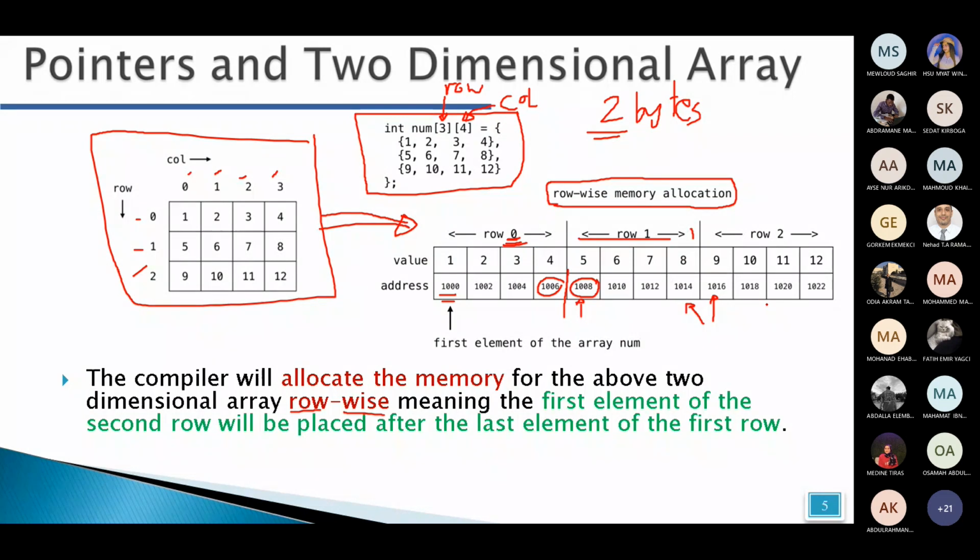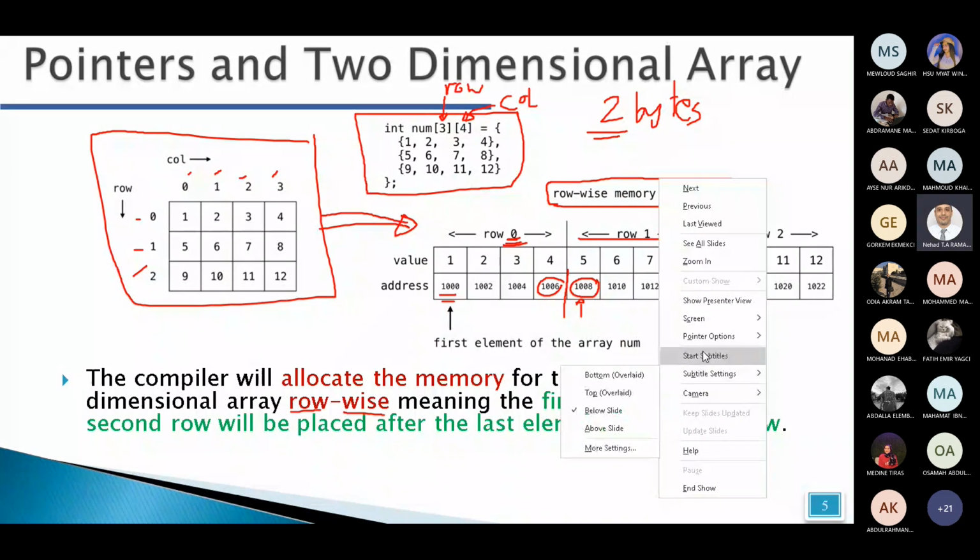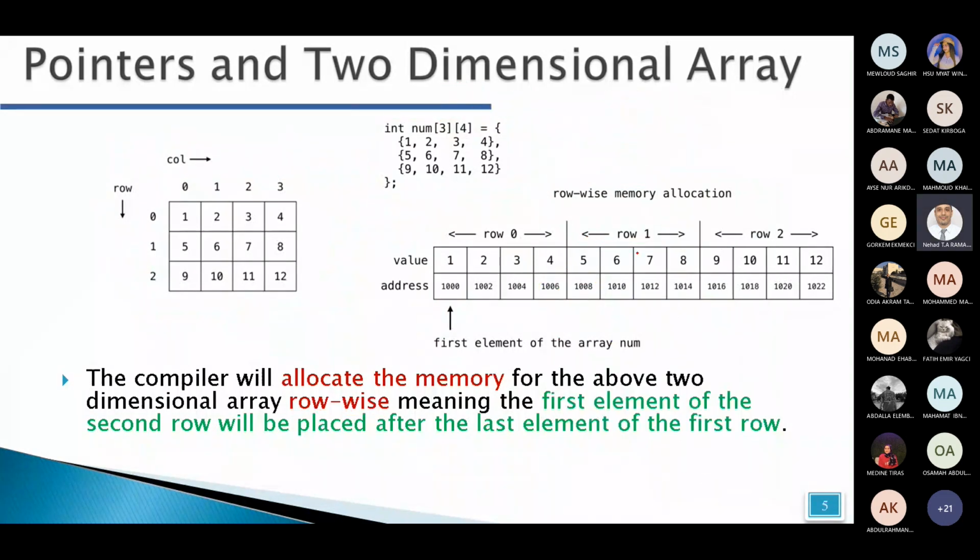So to reach this array's elements, we have 2 ways. We can imagine rows and columns and use the index of row and column like this, or we can use it as a pointer. When the pointer points here, we can move it to the next element, next element, next element. How to get this next element?